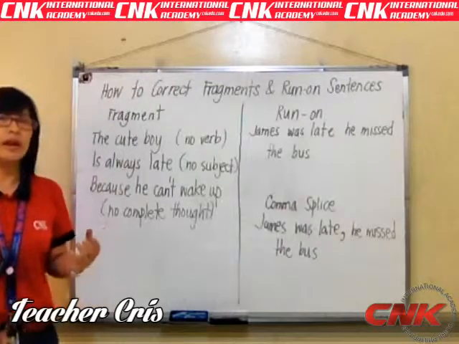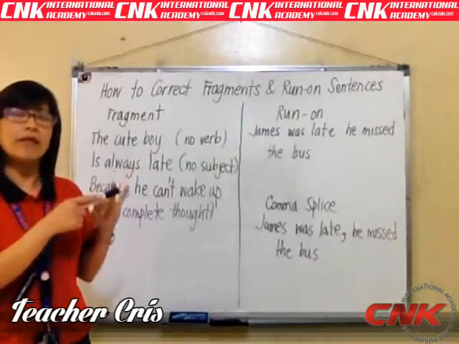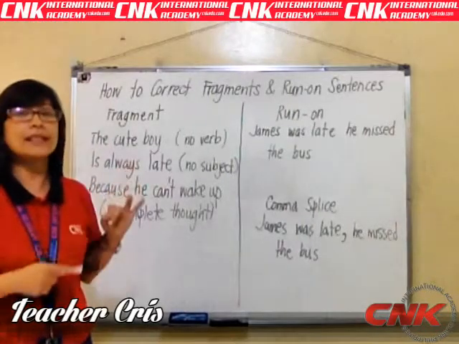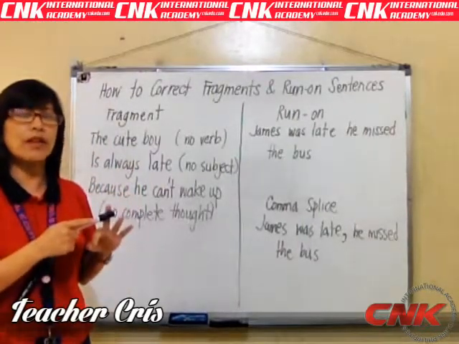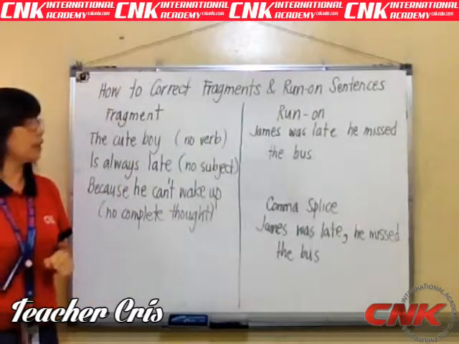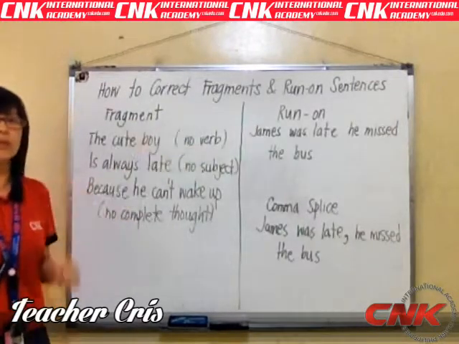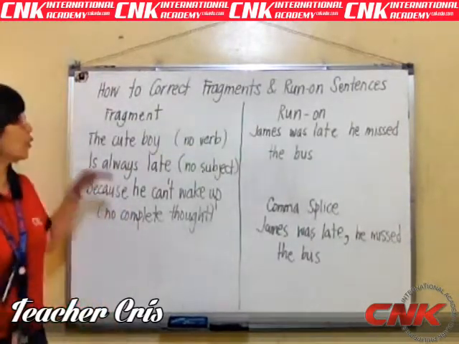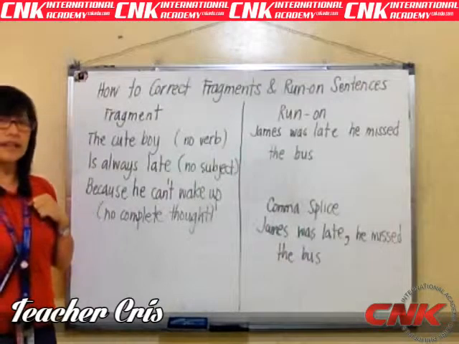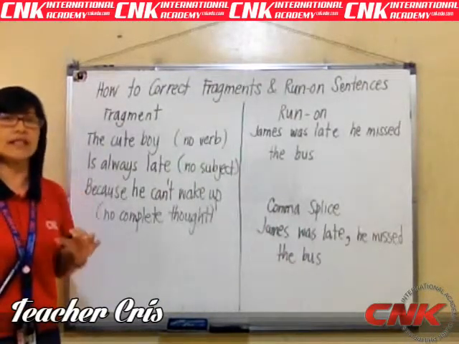So remember, we define a sentence that it has to have a subject, it has to have a verb, and it doesn't end there. It has to have a complete thought. In this case, when we just say "the cute boy," we only have a subject and we need a verb to complete the sentence, okay? So when you see a sentence like this, it is a fragment only. It's just a part of a sentence.